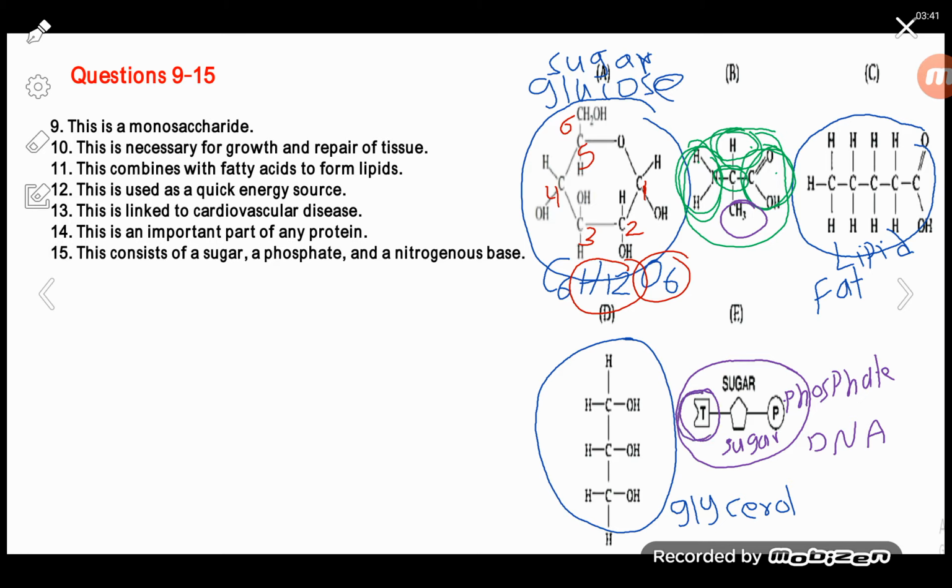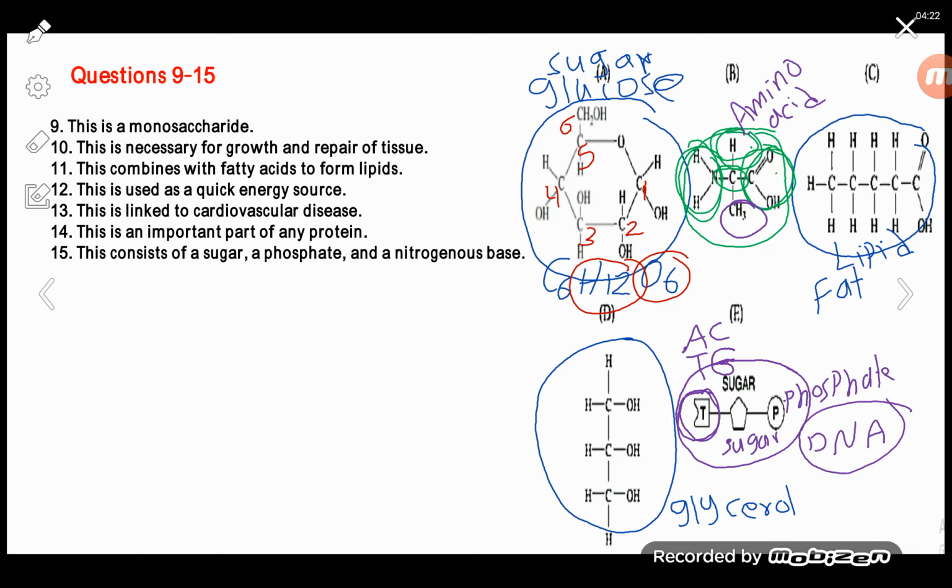This nitrogen base here is written T, which means thymine, or sometimes instead of T it may be written A, which is adenine, or C, which means cytosine, or G, which means guanine. So you have to know that this is DNA. And this one, as I told you, was an amino acid. I hope all of them are clear for you guys.